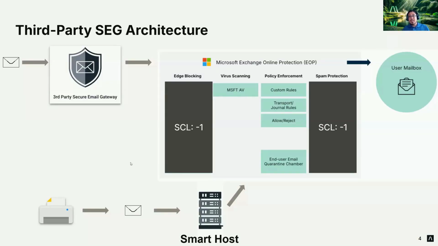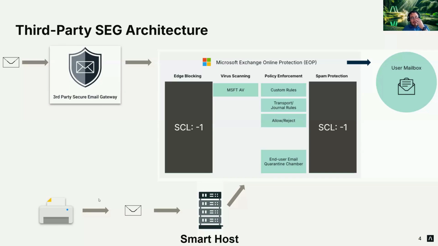Again, this smart host is enabled by default in Exchange Online, and it's configured via this direct send feature to accept non-authenticated emails from legacy devices like MFPs, scanners, or other legacy applications that need to be able to send emails without a username and password, meaning these messages are being sent directly to the Exchange Online smart host, and they're bypassing any MX records for the third-party secure email gateway.